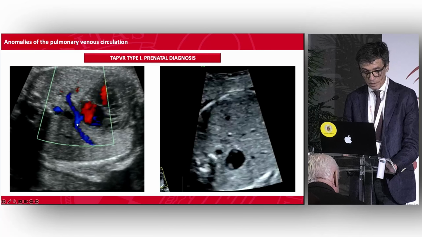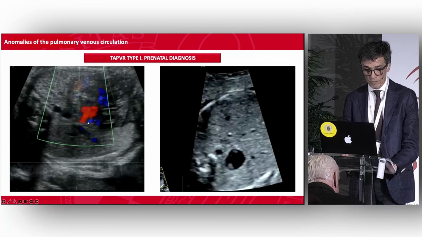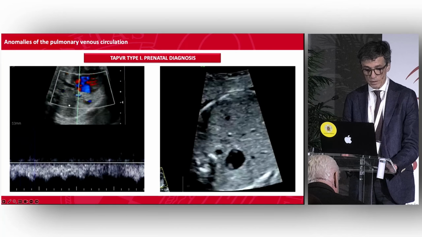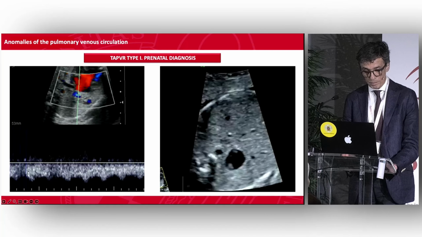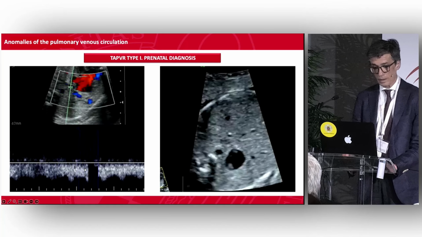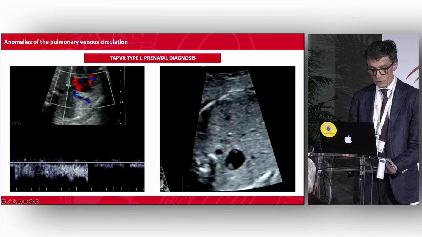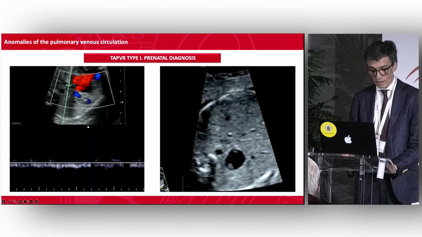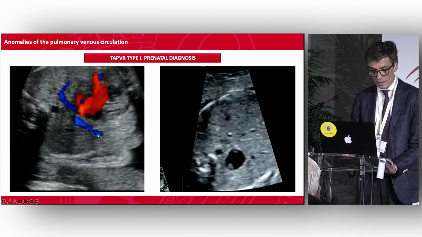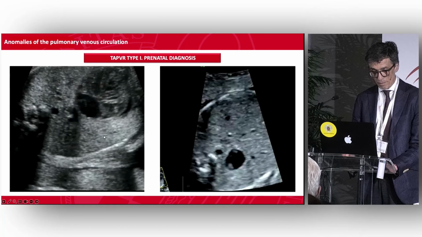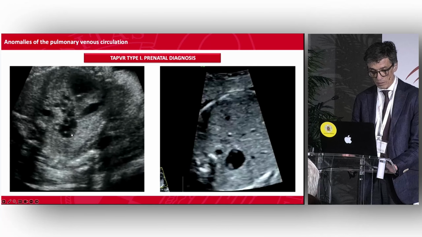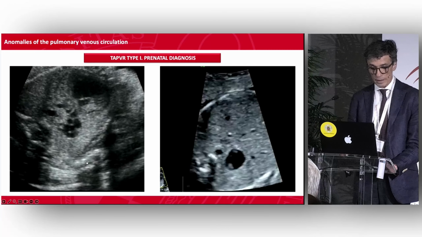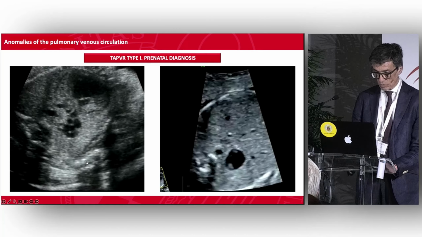You may see here this vessel coming from the left to the right side, with a pulsatile blood flow in it. We have to see where it connects, and we will see that it is connecting with the superior vena cava. Here it is around the superior vena cava and then to the right atrium.